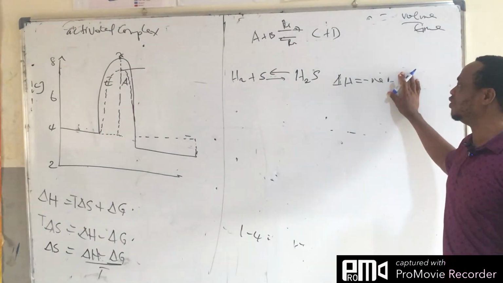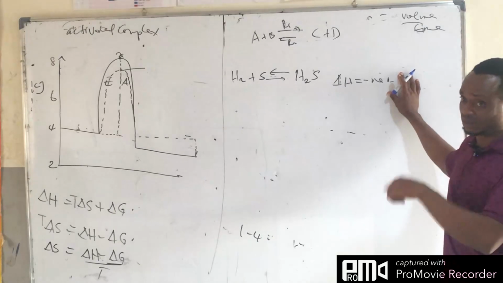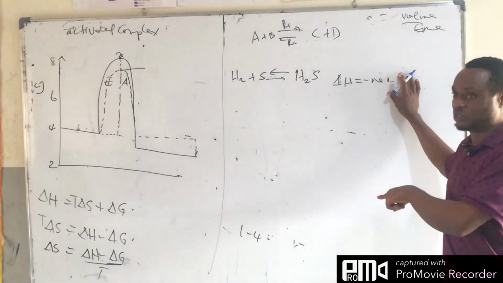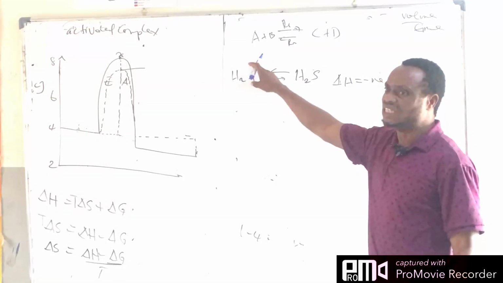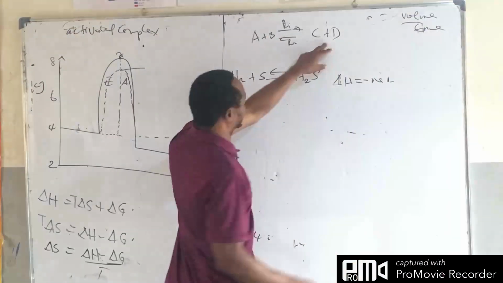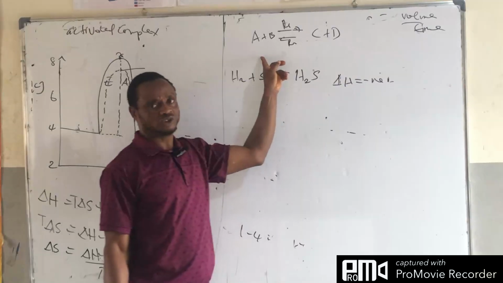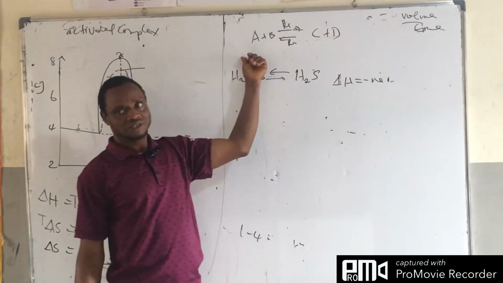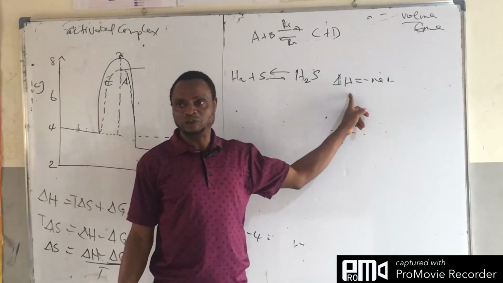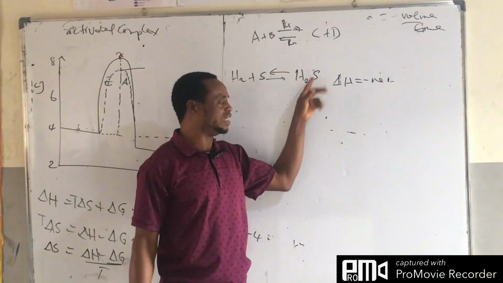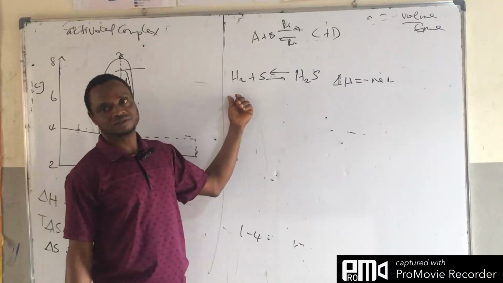How do we know, if you add more heat to the system, which means if you increase the temperature, will it affect the forward or backward reaction? In this system, we have what we call the forward reaction and the backward reaction, or right and left. Now, increase in temperature will favor which side? Is it the right or the left?